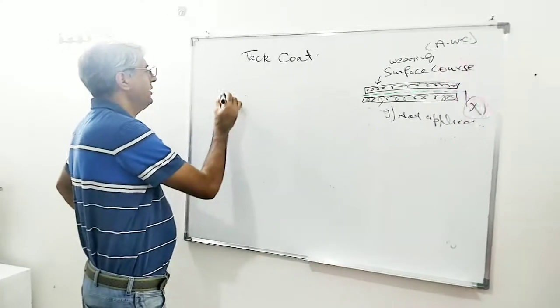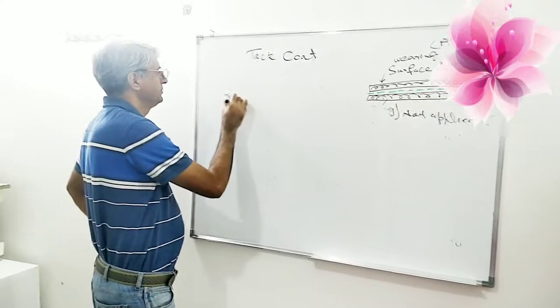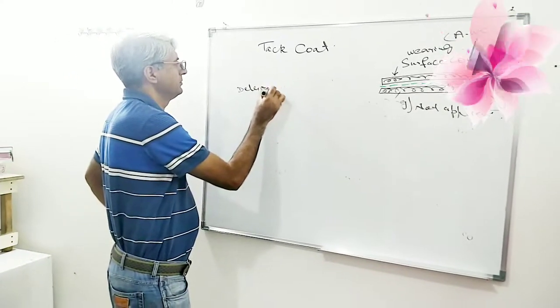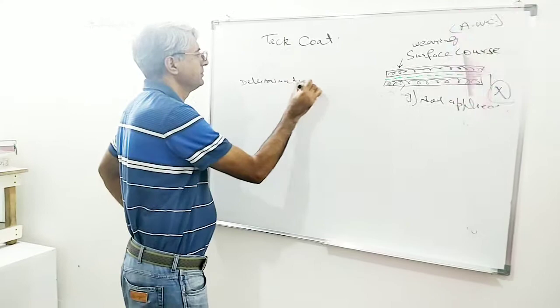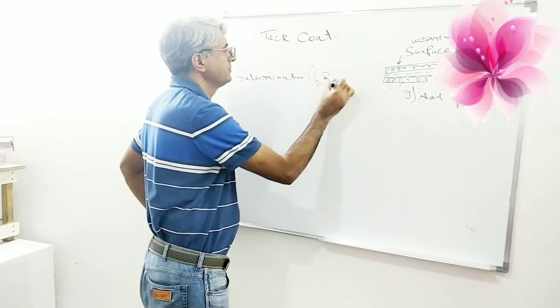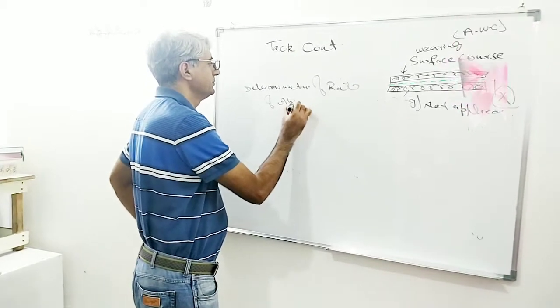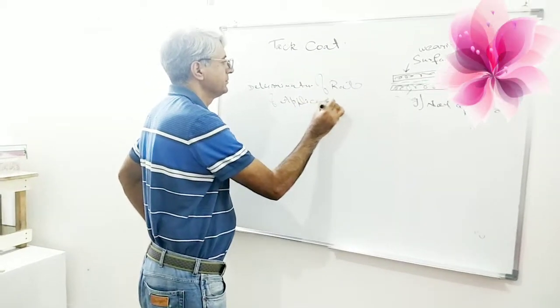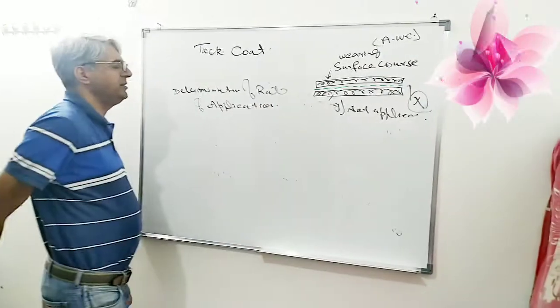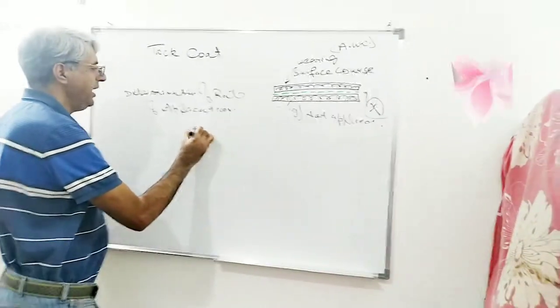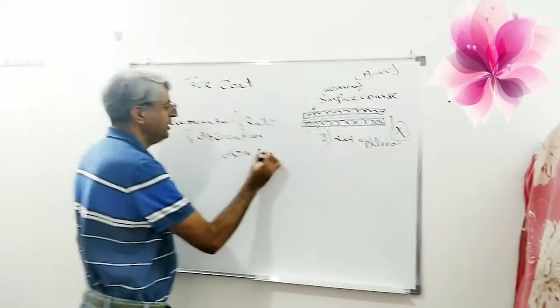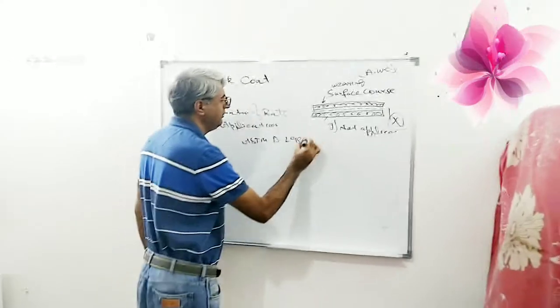Rate of application determination. Rate of application. So rate of application is determined the same as by the ASTM D2995 method.